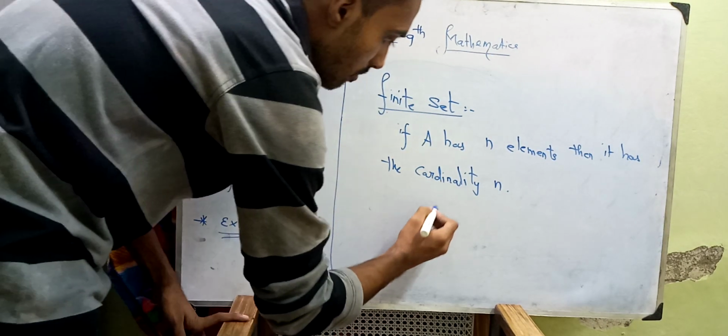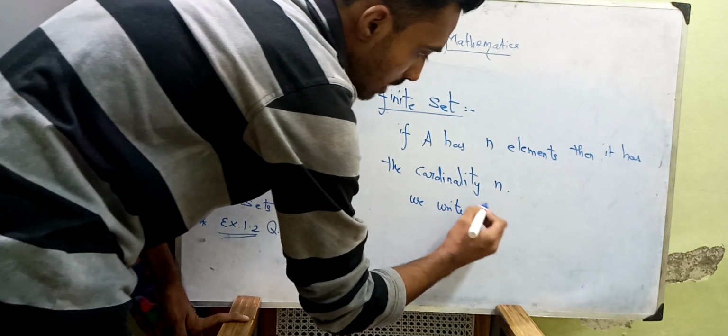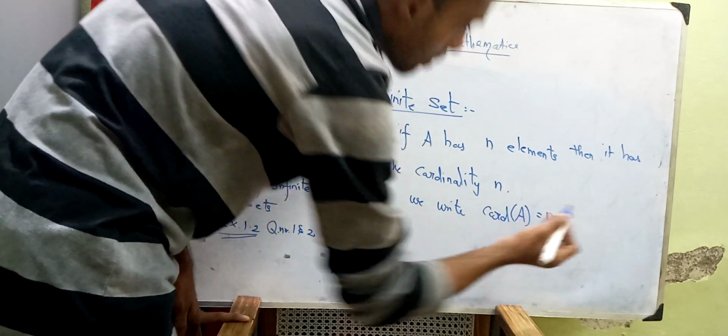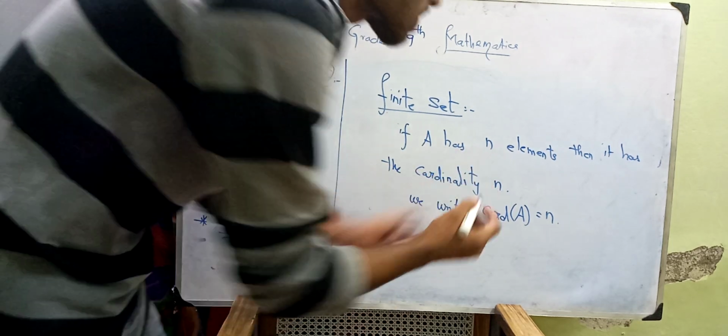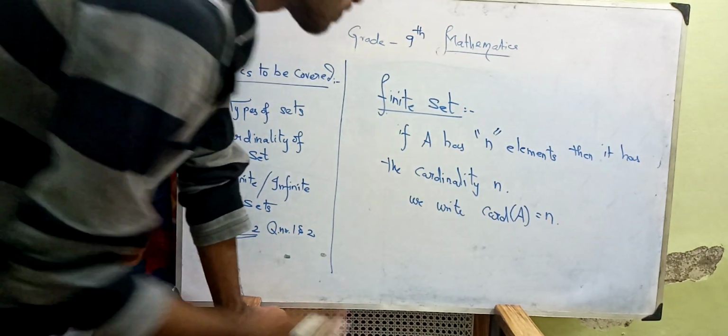That means we write card A is equal to n. So a finite set can have such n elements. The number of elements is finite.